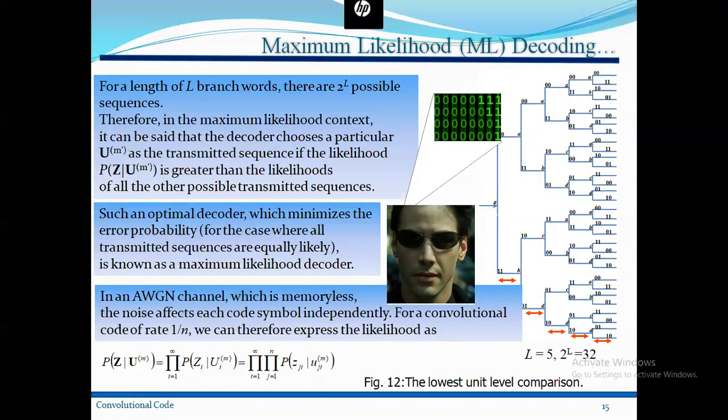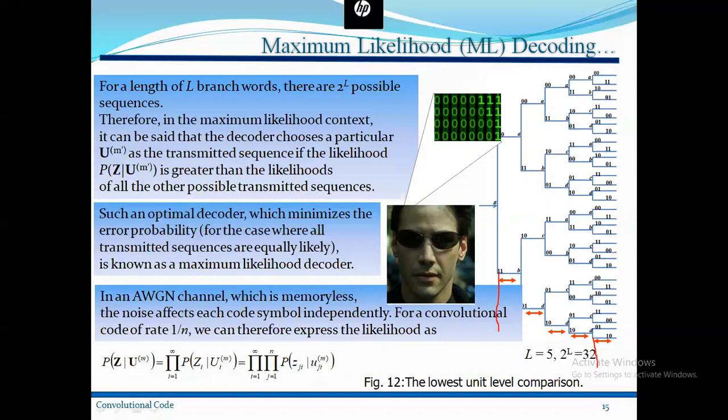For example, if we consider that we start from time T1 to T5, we have 32 possible paths emerging from this first T1 instant. So it is in fact difficult to estimate which is the appropriate path, because there is only one correct path among these 32 paths.